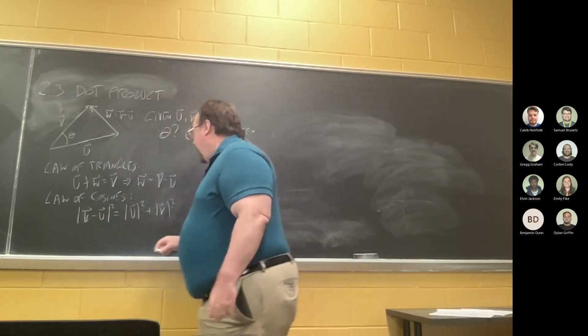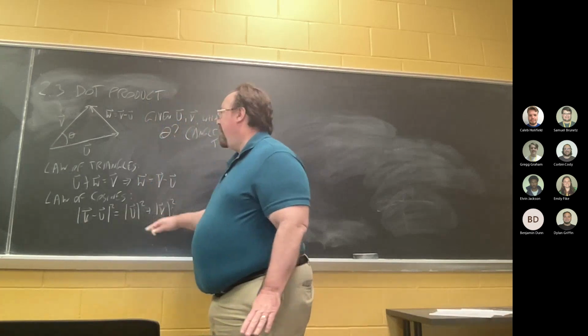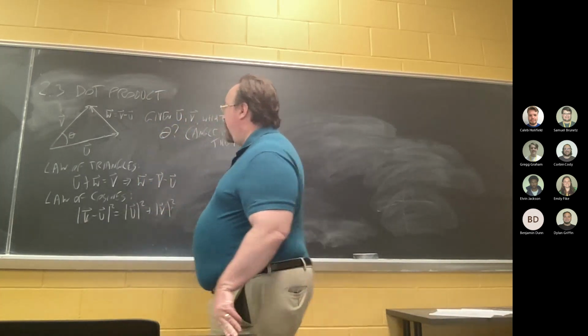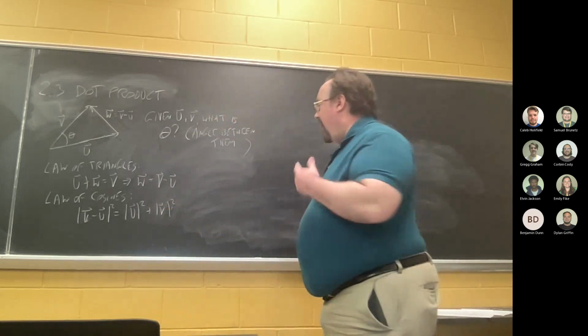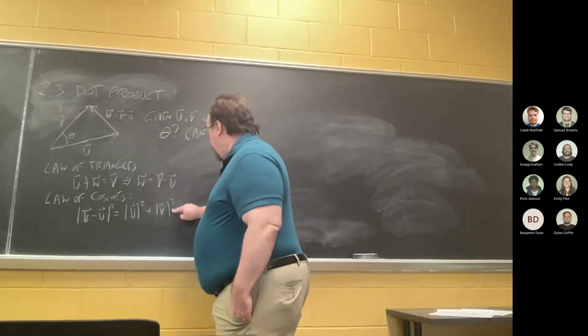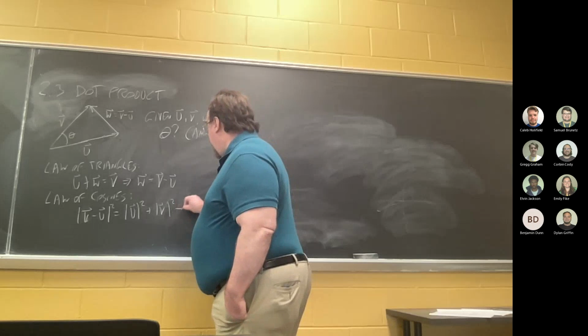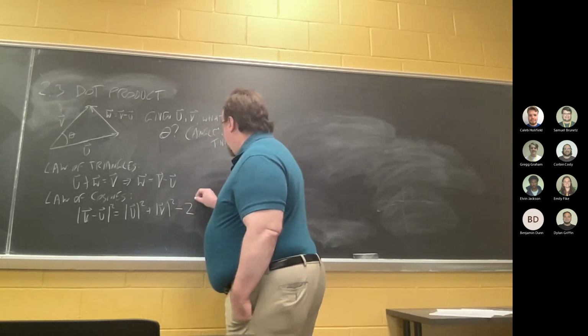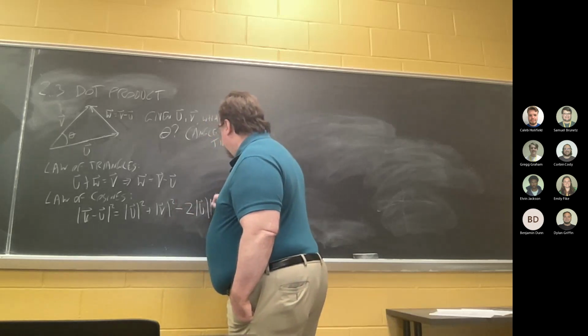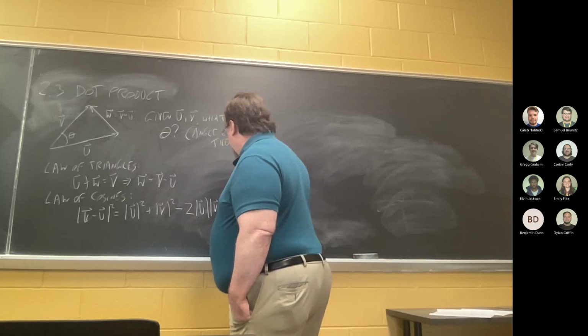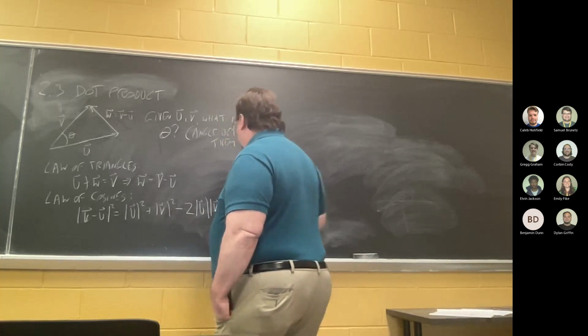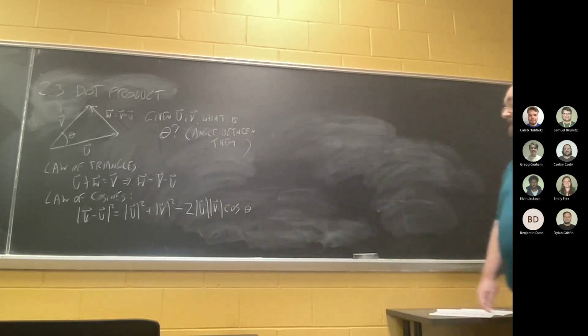This looks Pythagorean-theorem-like, but because this is generally not a right triangle, I need to add one more term: minus 2 times the magnitude of u, times the magnitude of v, times the cosine of the angle between them. That's what the law of cosines tells us, how all three sides of a triangle relate to each other.